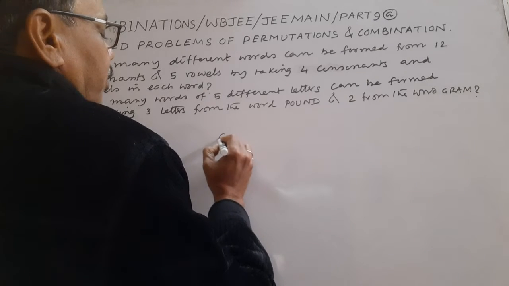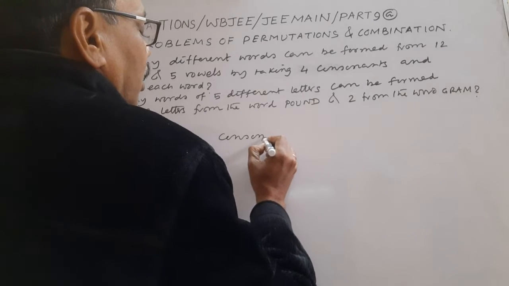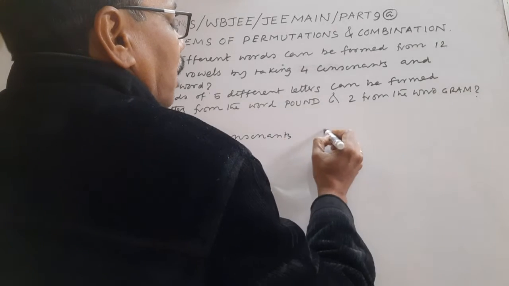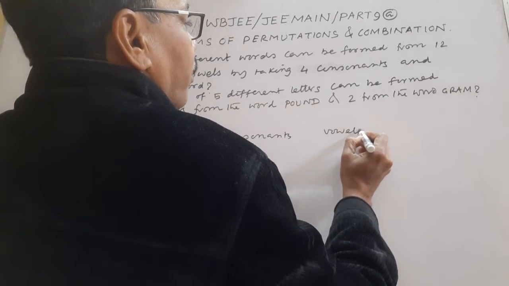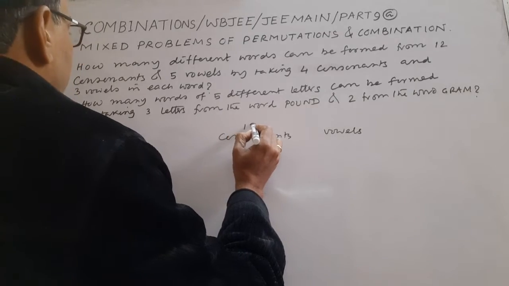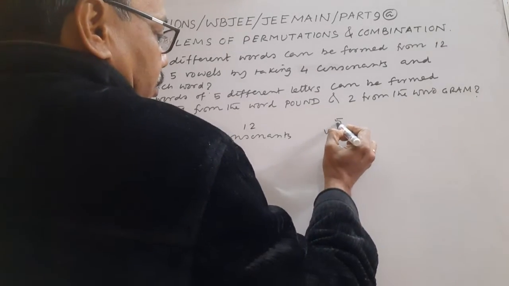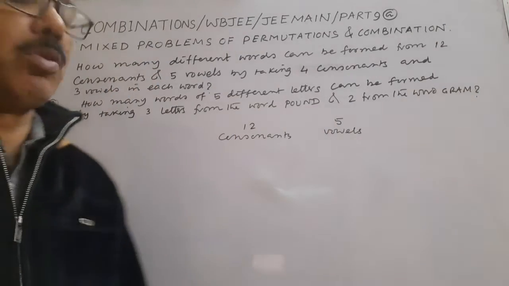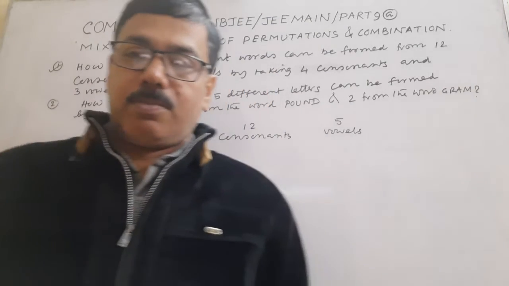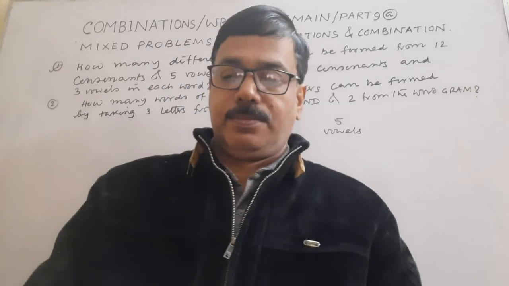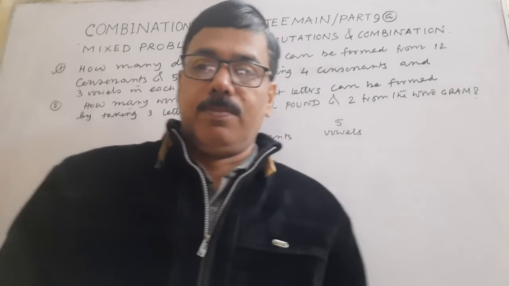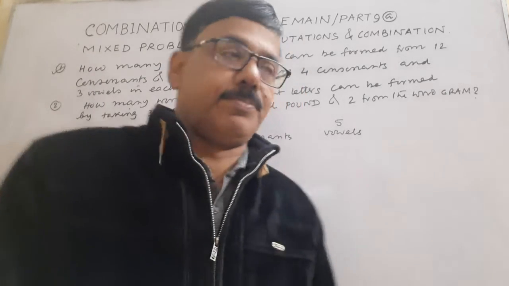So, consonants. Vowels. 12 consonants and 5 vowels. You have to select from 12 consonants and 5 vowels. I have already solved this type of problem.